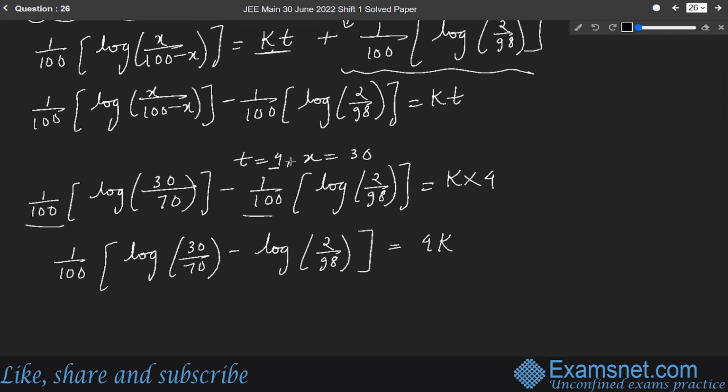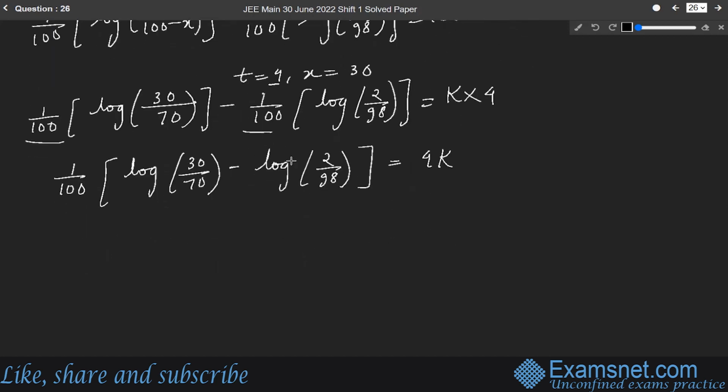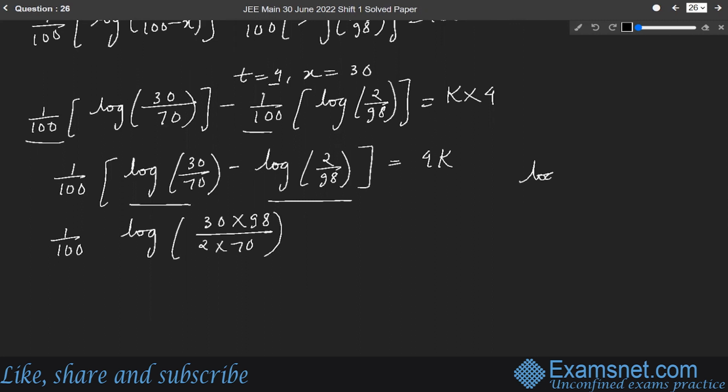Okay, so now again, we have to use the property of log m minus log n. It will be log m by n. So we have 1 by 100 into log of 30 into 98 divided by 2 into 70, right? Because log m is log 30 upon 70 and n is 2 upon 98. So we have 30 into 98 divided by 2 into 70. This is equal to 4k.